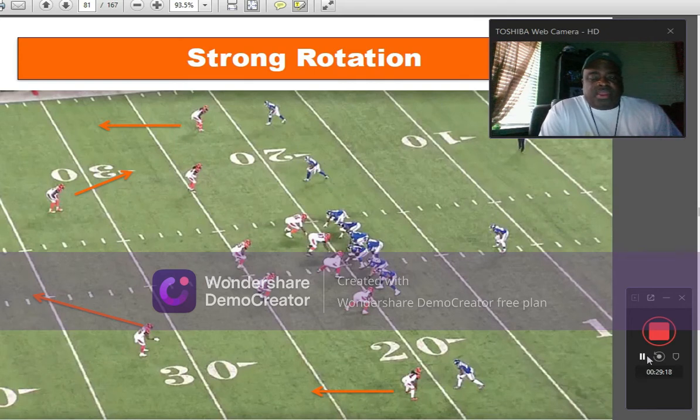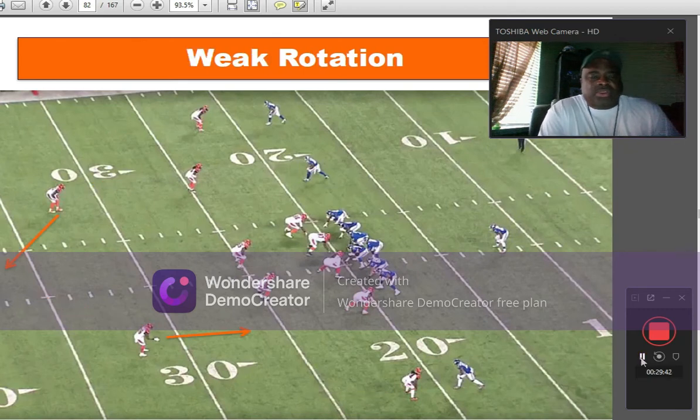So they're going strong. They're going to a cover 3, which looks like the safety is coming down and he's going to play the flat. It's not a buzz because he would be coming down where the linebacker was. The linebacker would be shooting over to play the flats.